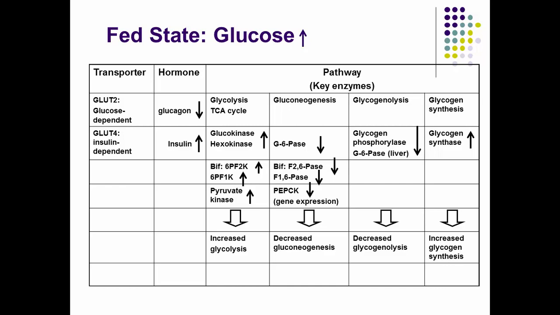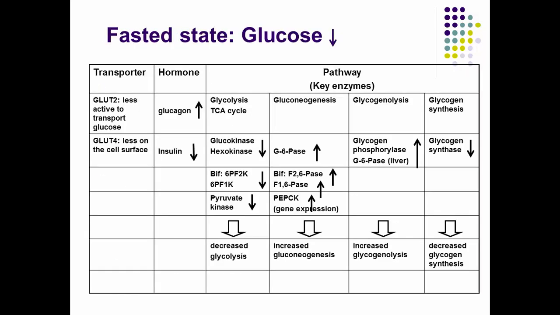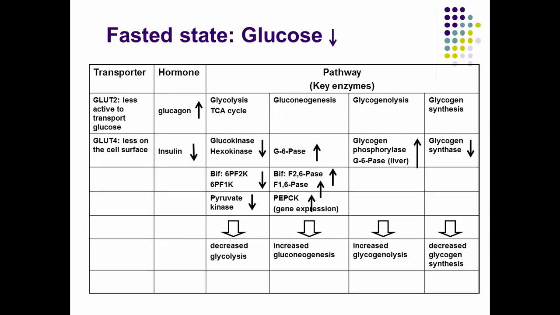So I think we have several, I don't know how many, 3 tables, right? Just to list the transporters, hormones, and pathways, particularly key enzymes.